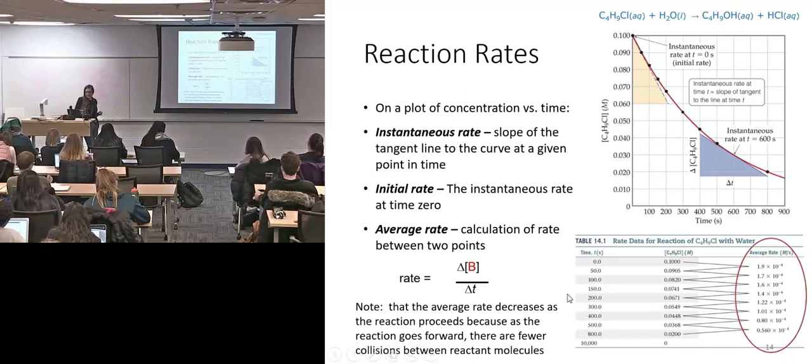Average rate is going to decrease as the reaction proceeds because as you go forward, you have less and less reactant, so you have fewer and fewer collisions. The same is true for the instantaneous rate, you expect the reaction to get slower and slower along this curve. The same will be true for your average rate, and you may see tables reported this way.